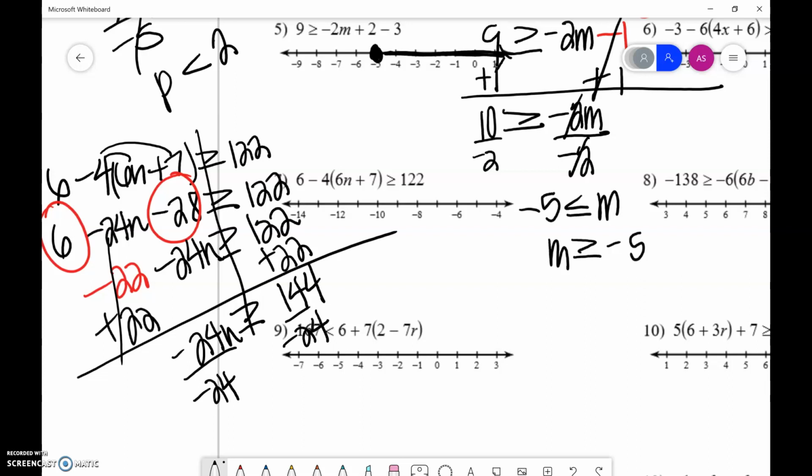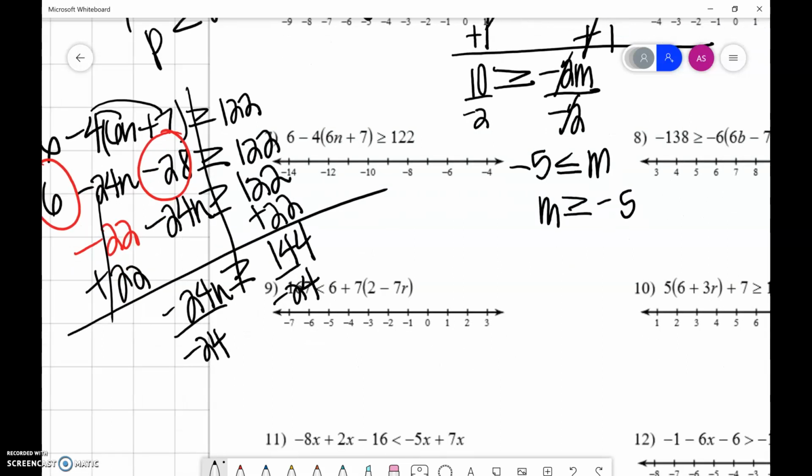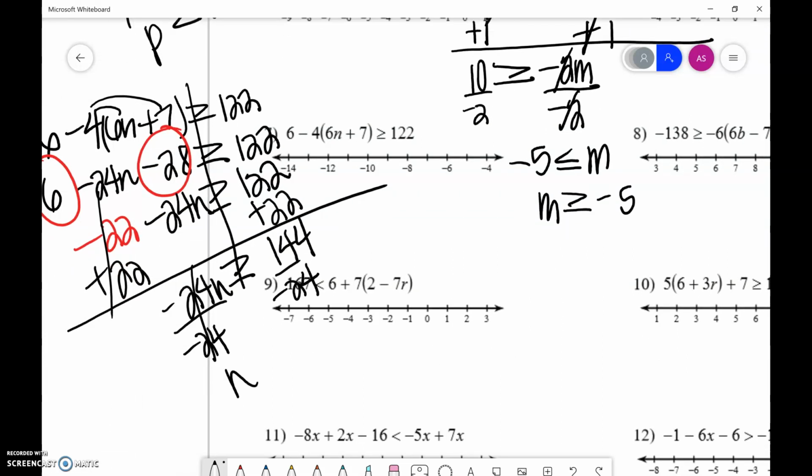So again, I'm dividing by a negative. So it cancels out here. So I have n is now going to be less than or equal to negative 6. So I'm going to have a closed dot because I have an equal to there, and it's going to be going to the left because it's less than or equal to.